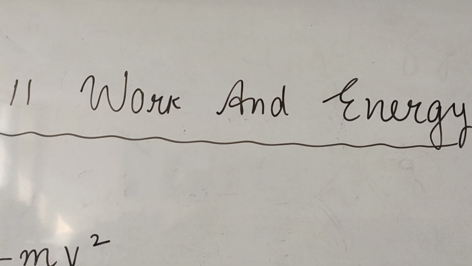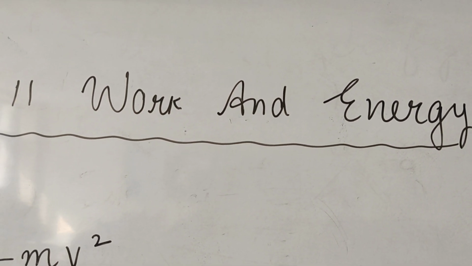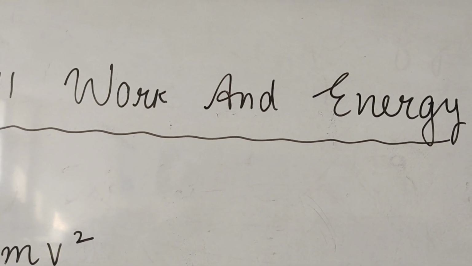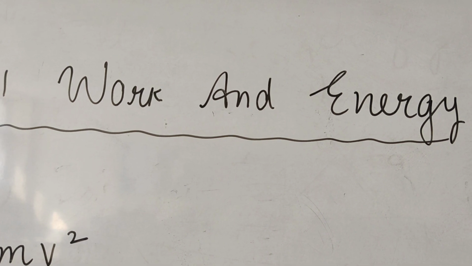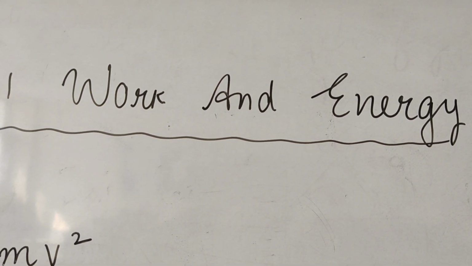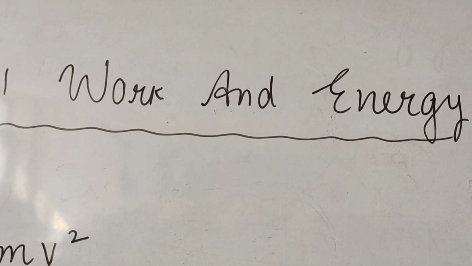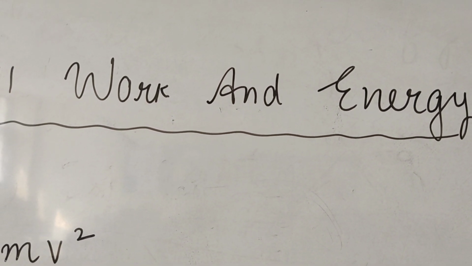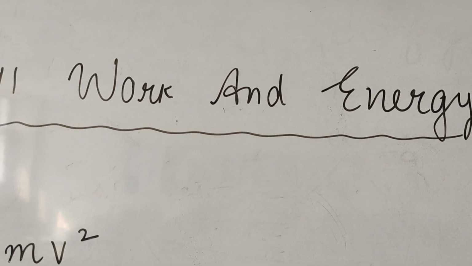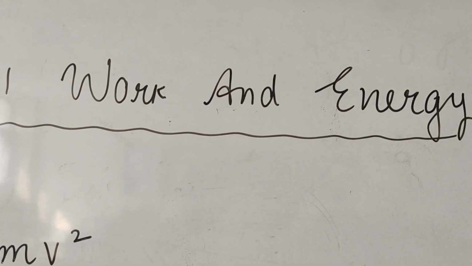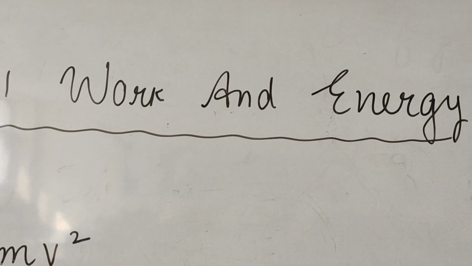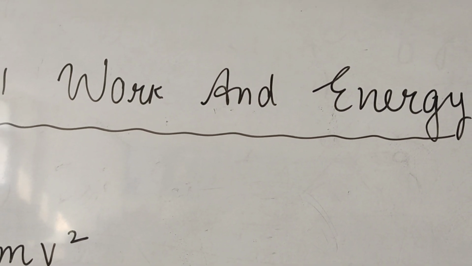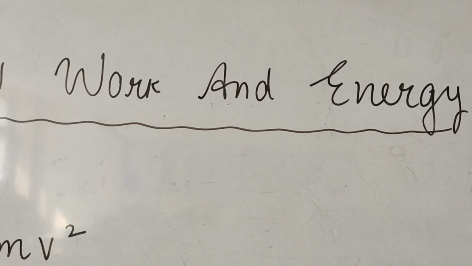Then you should put the values and do the substitution, cancellation, and write the final answer with proper unit. If you do not write the final answer with the proper unit, you lose marks. So writing wrong unit, or writing no unit, you will lose marks. So write the answer with the proper unit, and preferably do not write the answer in fraction. Write the answer correct up to 2 decimal places, round it off to 2 decimal places preferably.